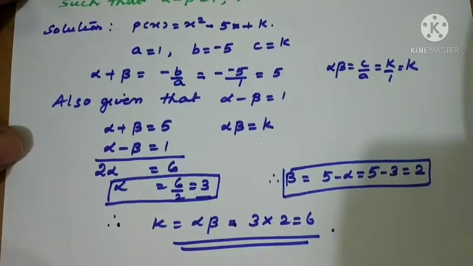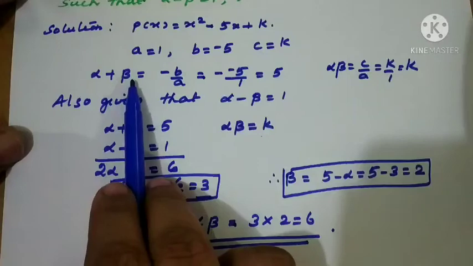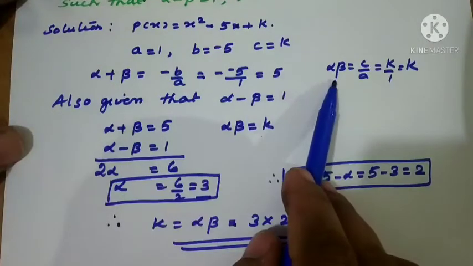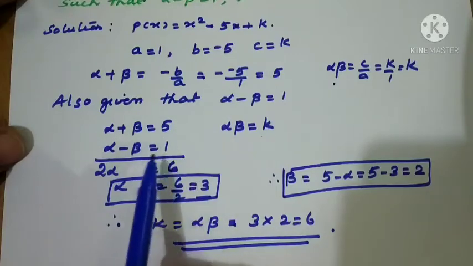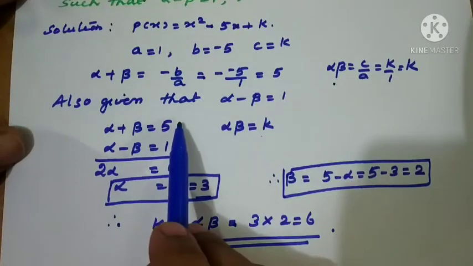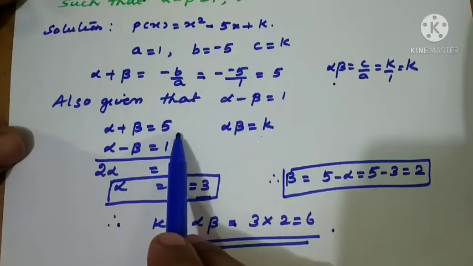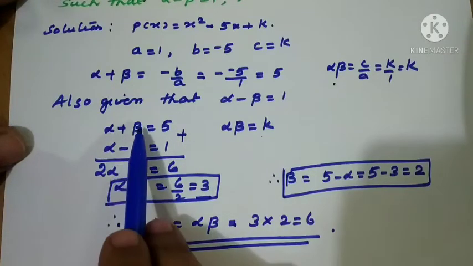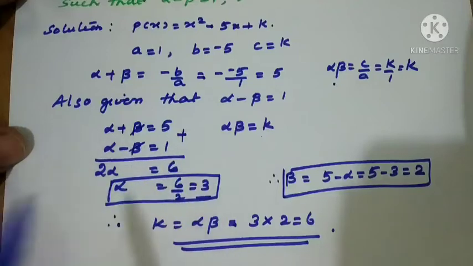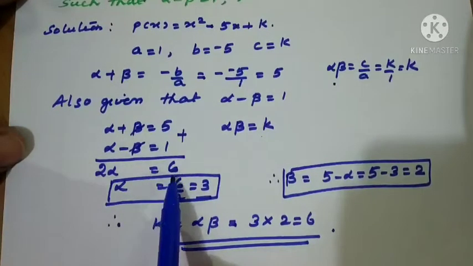So what we have done here? First we have calculated what is alpha plus beta. Alpha beta we have calculated. Alpha minus beta is given in the question. So if we add these two equations, alpha plus alpha is 2 alpha, and beta and minus beta will get cancelled. 5 plus 1 equal to 6.